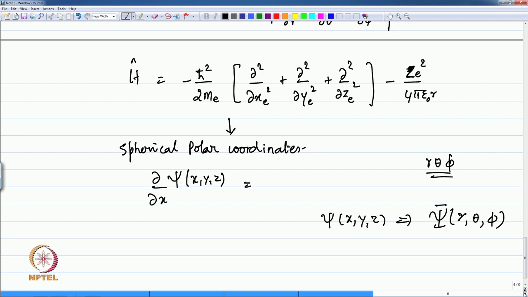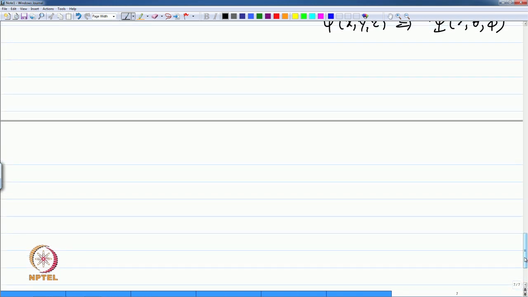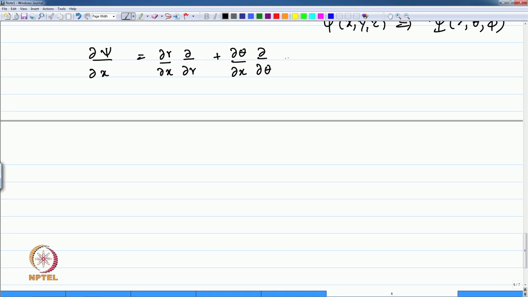Then there is a very simple partial derivative chain rule which tells you how to calculate ∂ψ/∂x as nothing other than ∂/∂r with ∂r/∂x, plus ∂θ/∂x ∂/∂θ, plus ∂φ/∂x ∂/∂φ, acting on the wave function ψ of r, θ, φ.